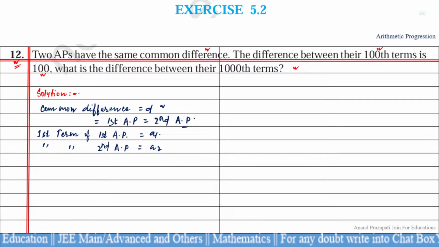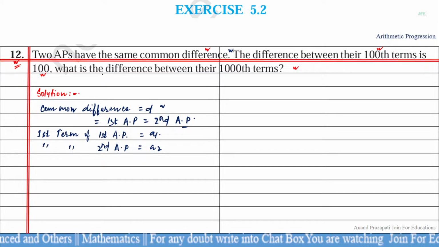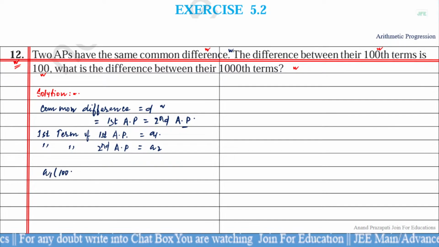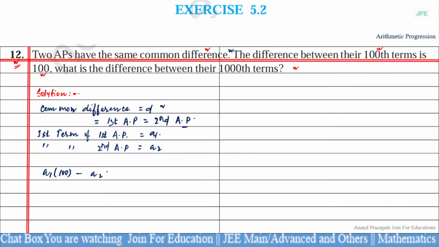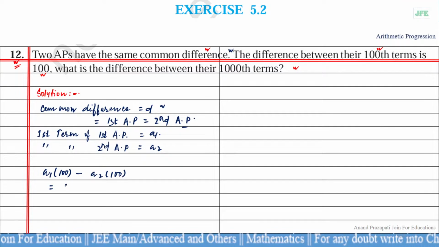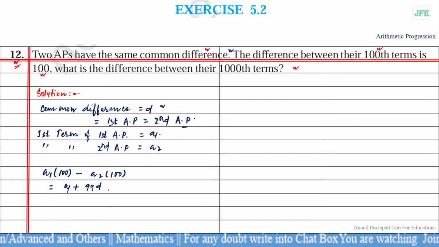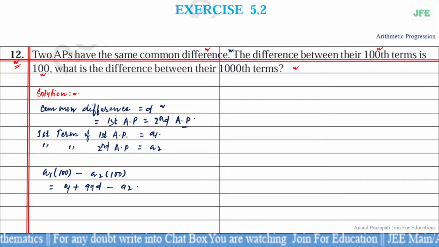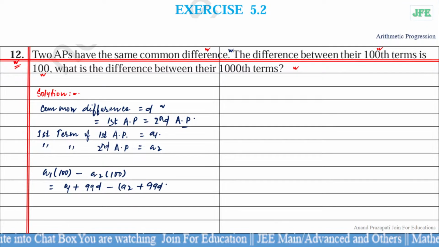So according to the question, the difference between their 100th terms is 100. It means that a1(100) minus a2(100) equals a1 plus 99d minus a2 plus 99d.